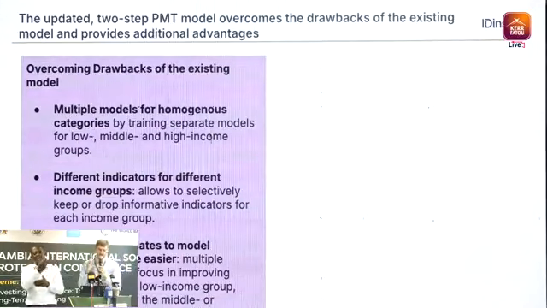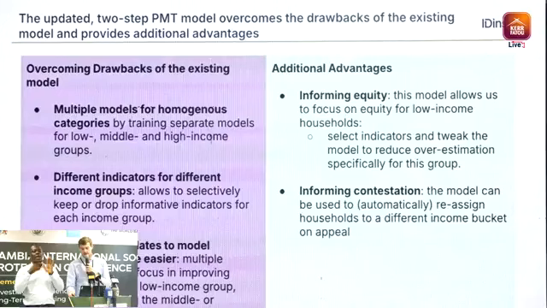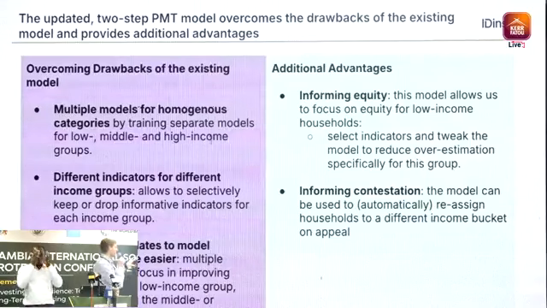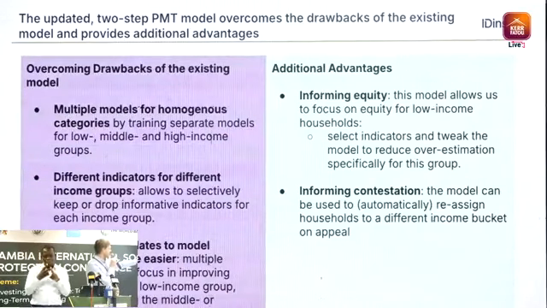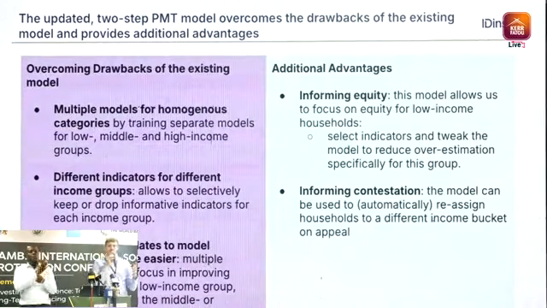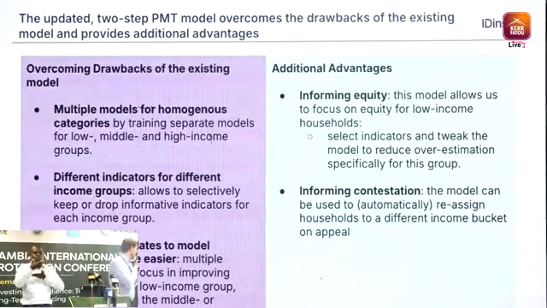That's very technical, so I'll just go over that briefly, but importantly, it allows us to look at equity, because it allows us to focus on the group of low-income households that is most at risk to be disadvantaged by this approach. And second, it also allows us to inform the contestation, the appeals mechanism.